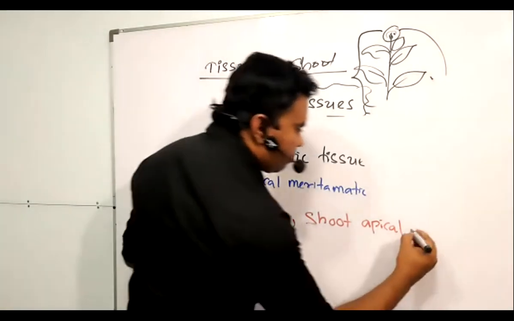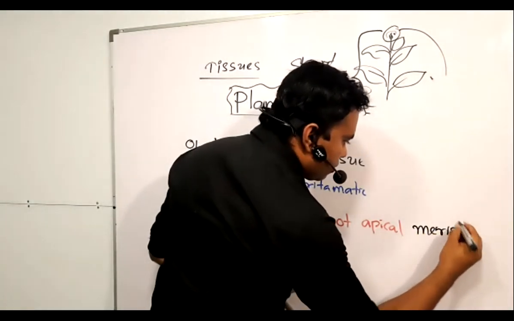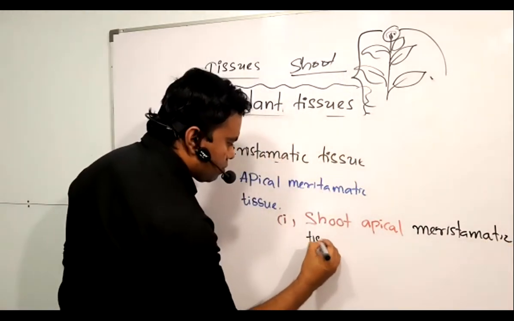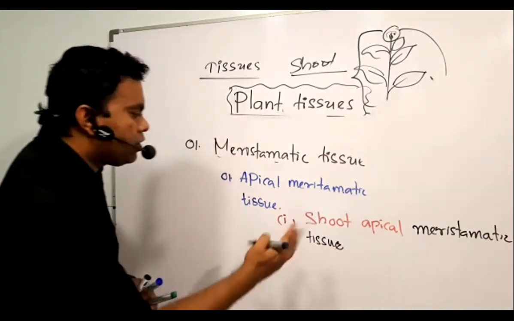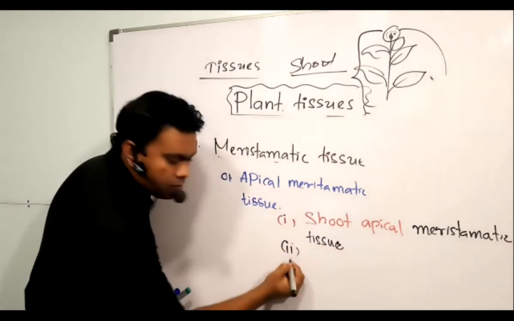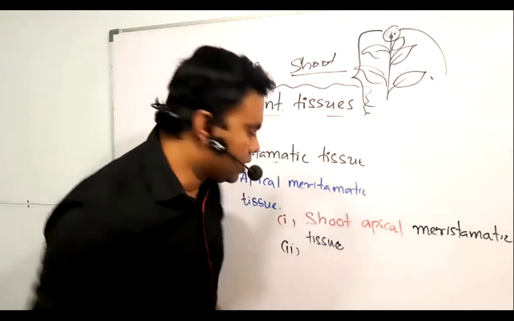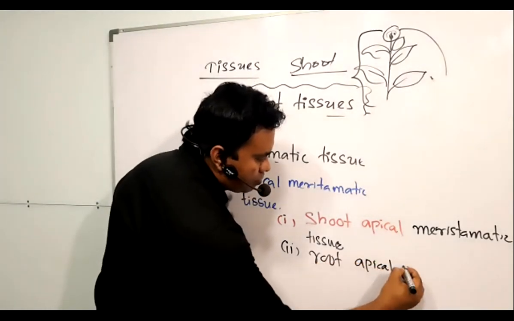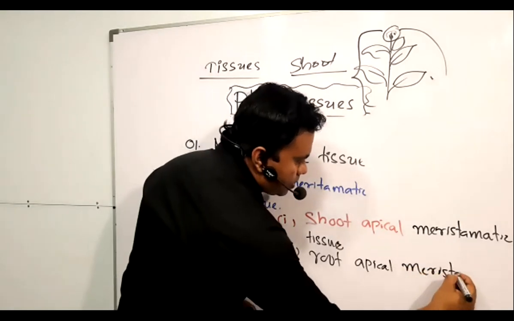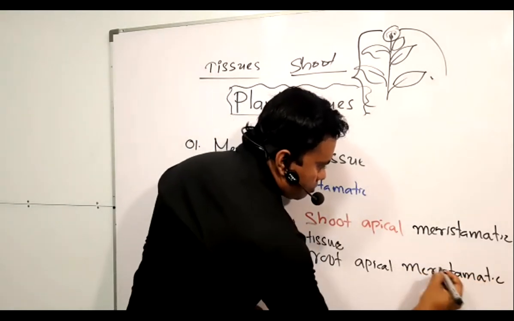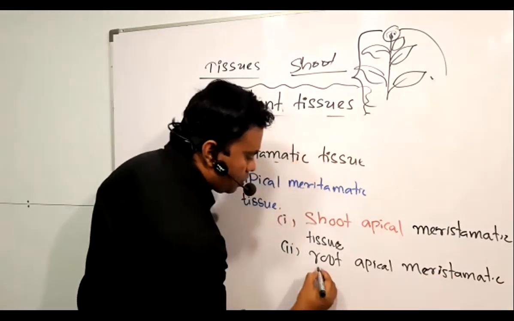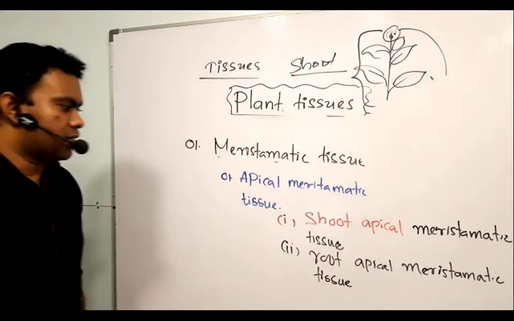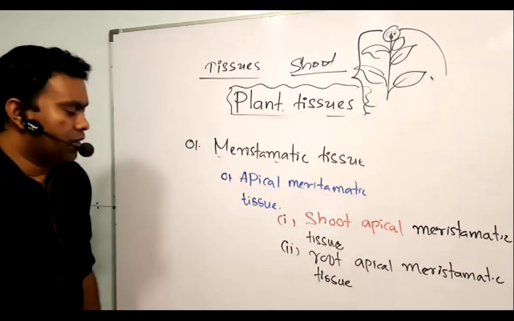Shoot apical meristematic tissue. And you know another one. What's it? Good. So that's root apical meristematic tissue. Shoot apical meristematic tissue, root apical meristematic tissue.